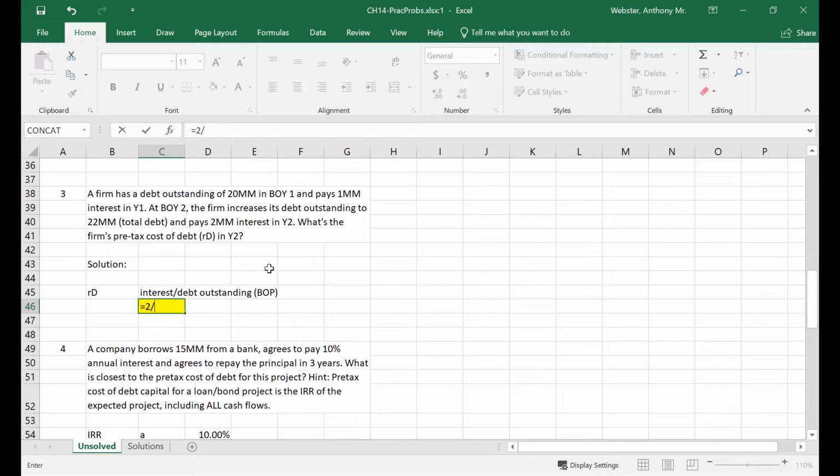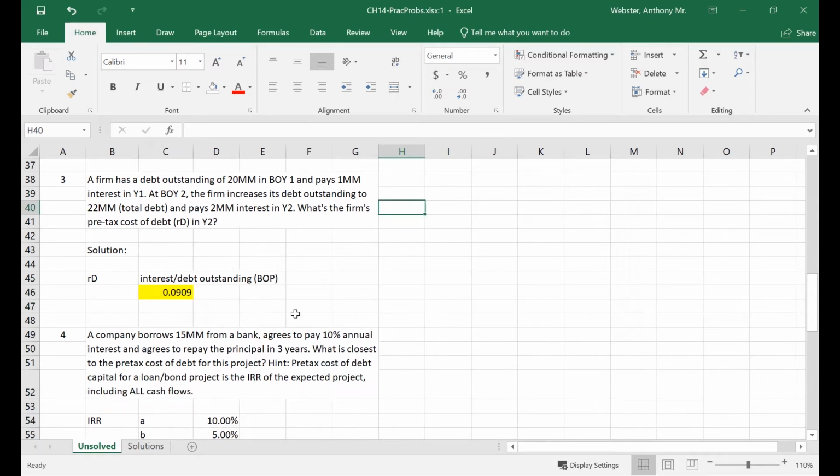Okay. And at the beginning of year two, the firm increased its debt outstanding to 22 million. So we just take that 22, divide 2 by 22, and we get 0.909. And again, that's equal to the interest in the year, that's 2, over the beginning of year total debt, which is 22.